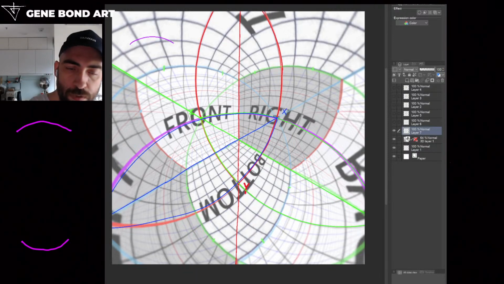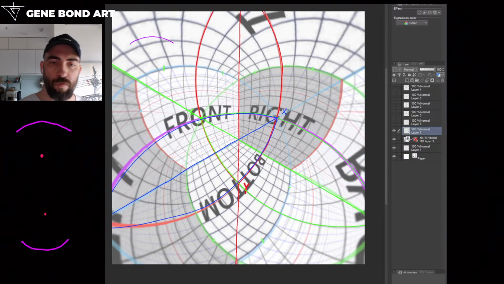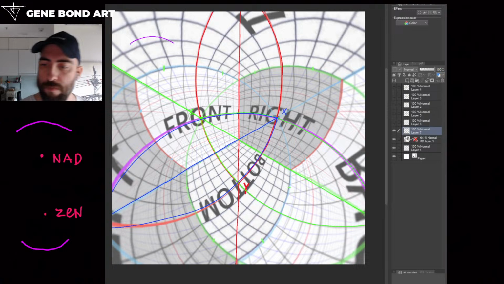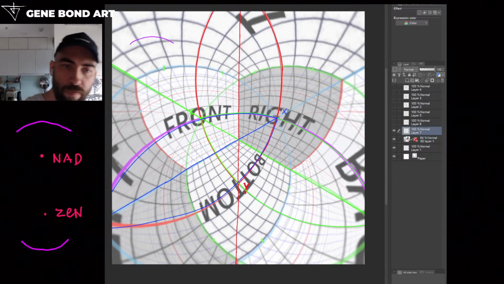So we make the y vanishing point here for y. Look up, it's zenith. Look down, it's nadir, right? Then we have the z vanishing point.